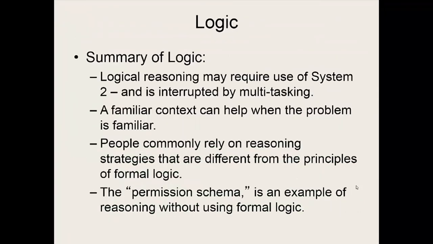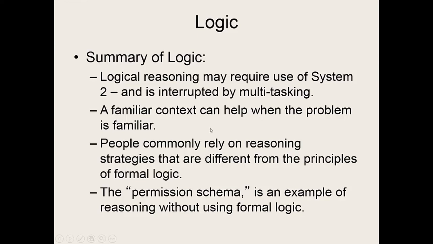So to summarize the information we've looked at in terms of logic and logical reasoning, we can see that logical reasoning may require use of System 2 and can be interrupted by multitasking. So logic may require us to think about things methodically and analytically, and that requires resources that can be interrupted by multitasking.